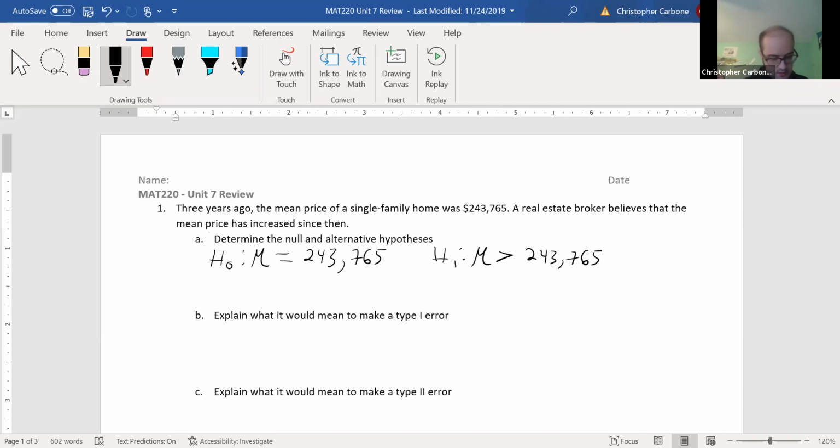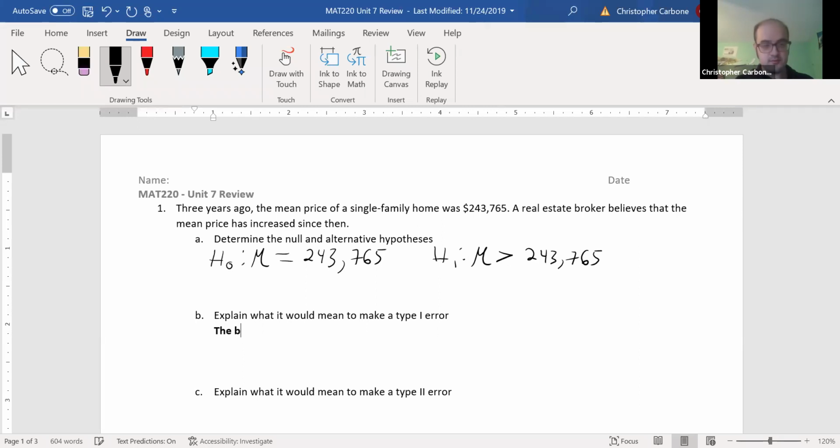So then we are asked about what it would mean to make a type 1 error. If you recall, that is when we are rejecting the null hypothesis when it is indeed true.